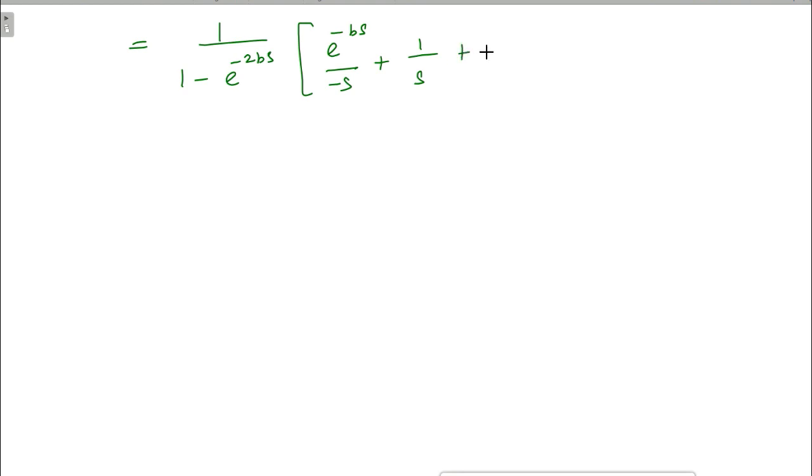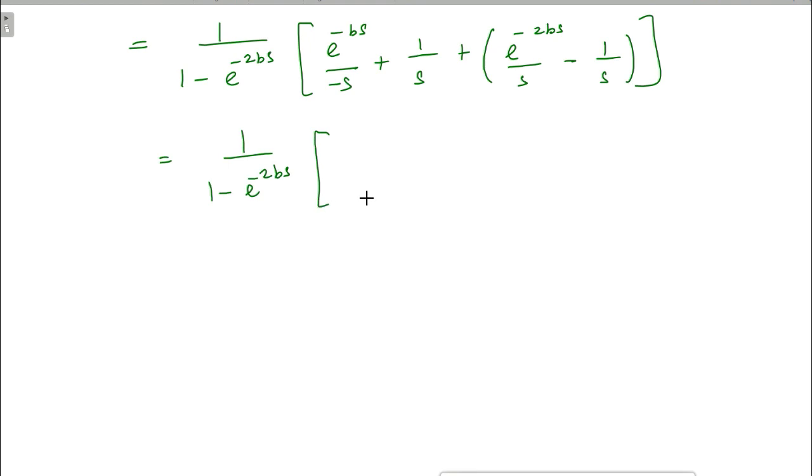Plus, if you substitute the upper and lower limits in the second interval, you get e power minus 2bs divided by s. In the lower limit, you get minus 1 by s. So 1 by 1 minus e power minus 2bs. You can rewrite this term by taking s as a common term.